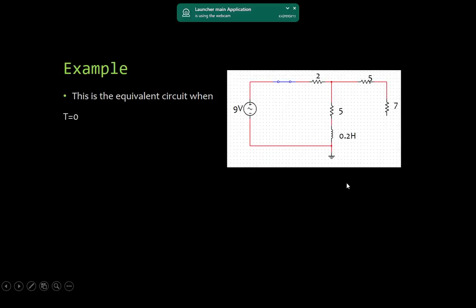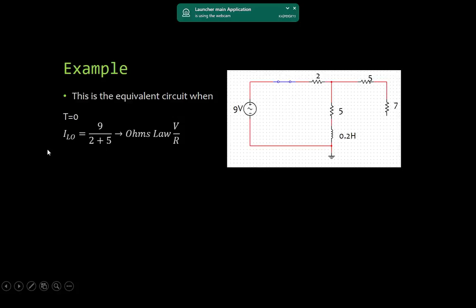And in the next slide, we will show that the capacitor is gone, and this should be a wire because it serves as a short circuit.